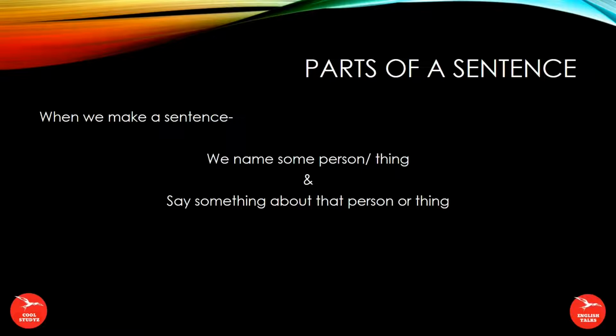And along with this person or thing, you will say something about that person or thing. Then only it will convey the meaning, right? So that's what makes a sentence.